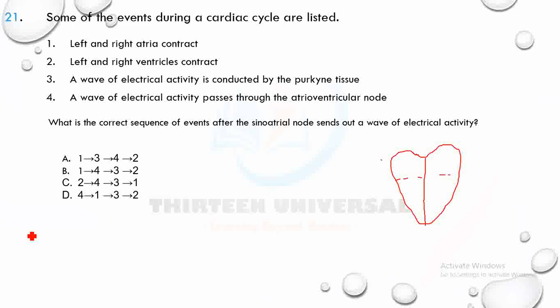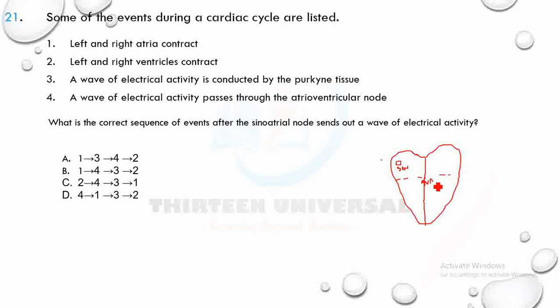All right, look at this. Here we have a patch of cells. The SAN is here, the node that generates the impulse. Here is the right atrium. Somewhere here we have the AVN. The AVN delays it.